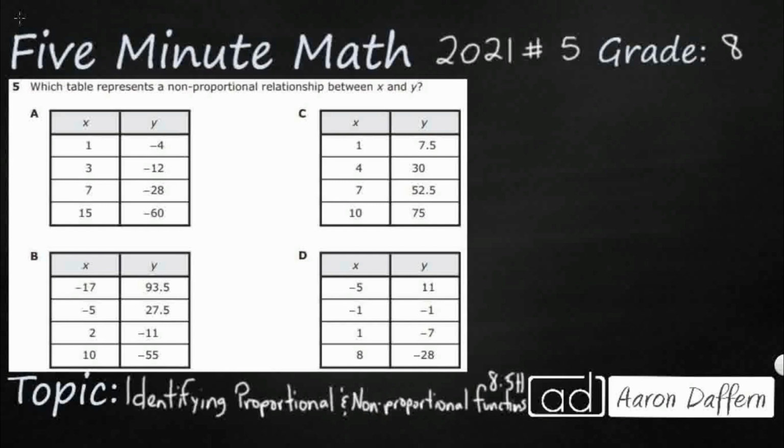So we've got 4 tables. We are simply looking for one that shows a non-proportional relationship, which means we need to differentiate between the two. Proportional relationships are those that we can view using what we see on our mathematics chart as being labeled direct variation.